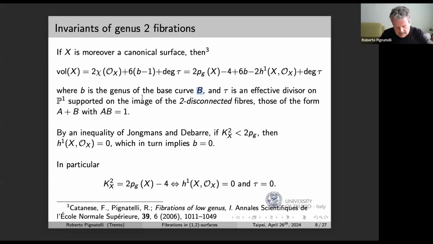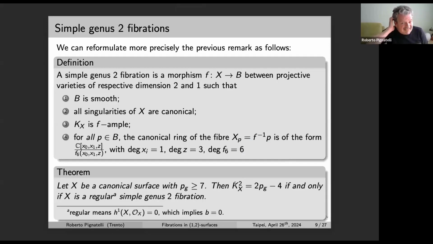I discussed this for any curve B, but when I want to study things with small volume near the Noether inequality, when the Noether inequality is an equality, I end up with fibrations on P1.